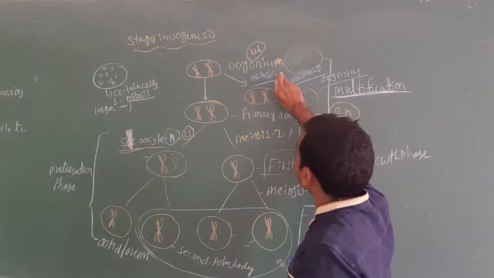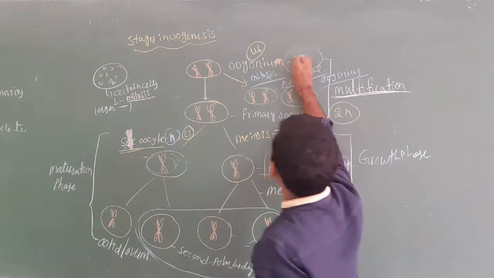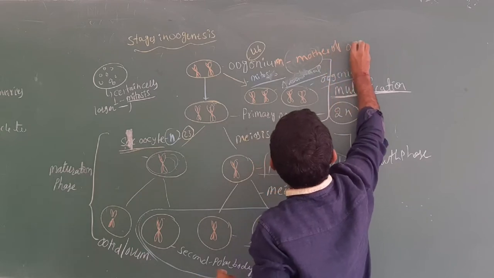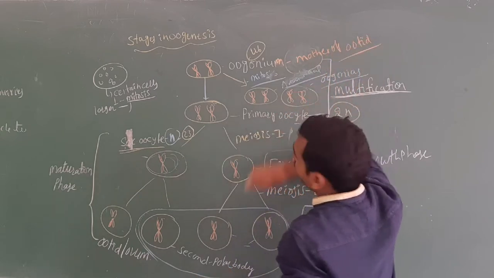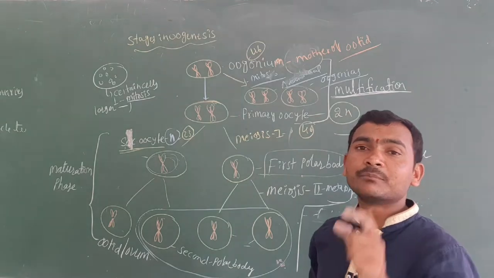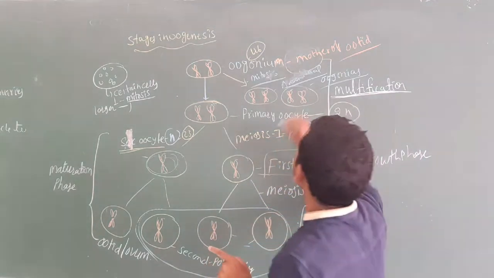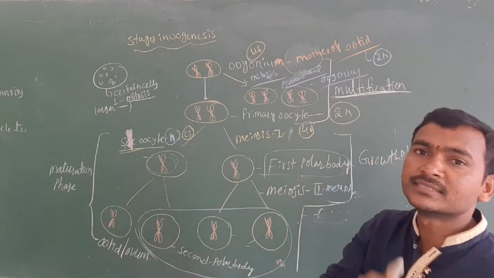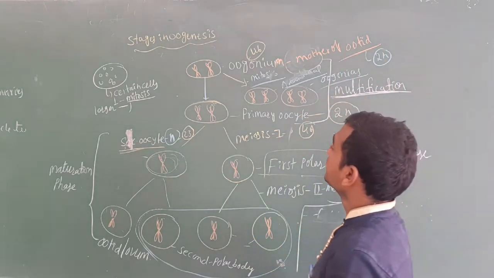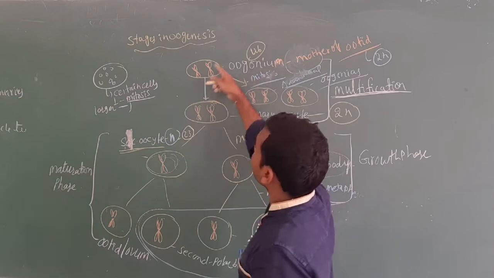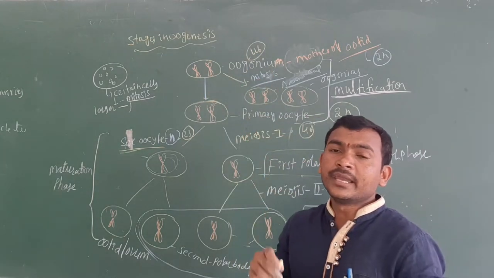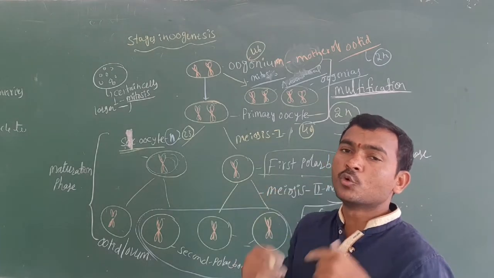This oogonium is called the mother of the ootid, the germ cell of the ootid. It is 2n in nature, the diploid condition.